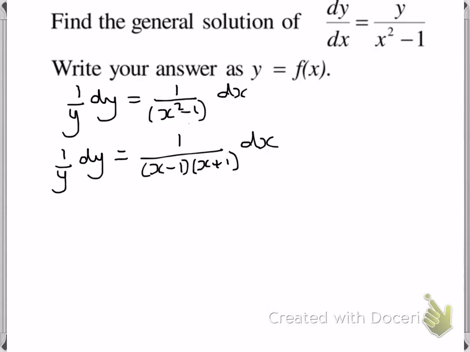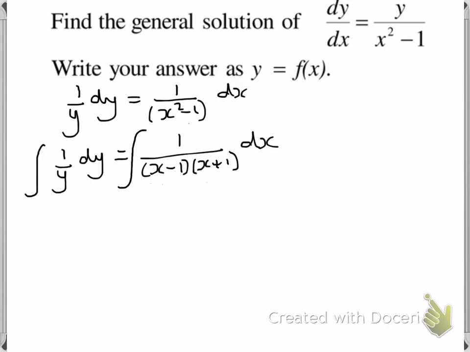So taking this, I'm going to integrate both sides. And looking at the right hand side, we can see now to integrate this, we need to separate it into two partial fractions which we can then go on and integrate.